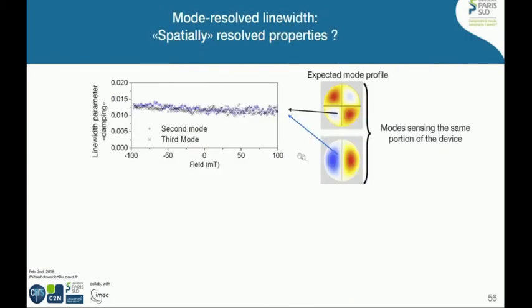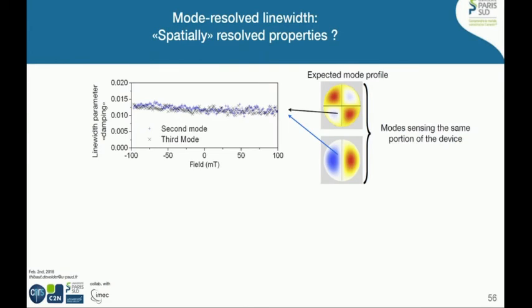Here I'm plotting the line widths divided by the frequency, so that's the effective damping versus field for the second and third modes that are measured in these devices. If you look at the damping that could be extracted from these 2 modes, they are equal within the experimental uncertainty.